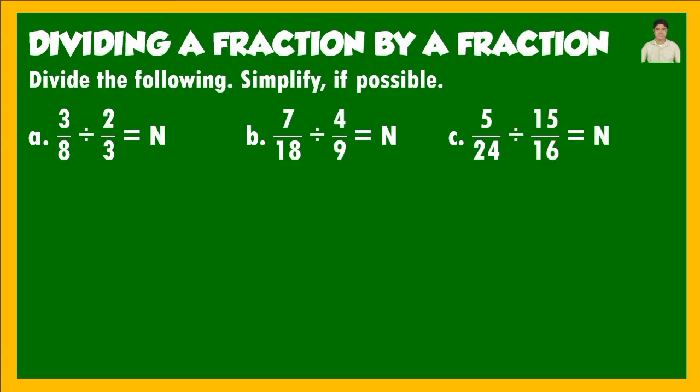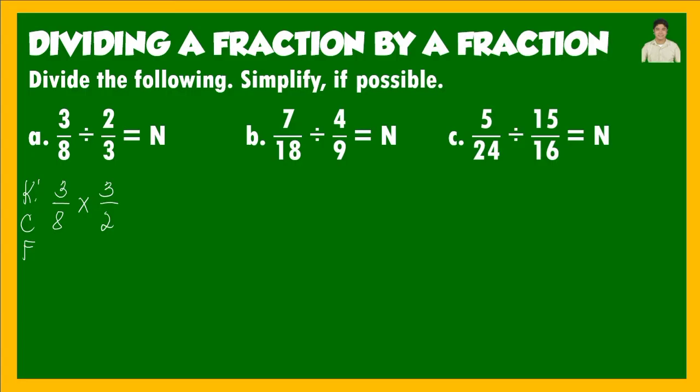Keep. Let us write K. Keep 3/8. Then change, letter C. Change the operation symbol to multiplication. And then flip. Get the reciprocal of the divisor. The divisor is 2/3, so the reciprocal of 2/3 is 3/2.